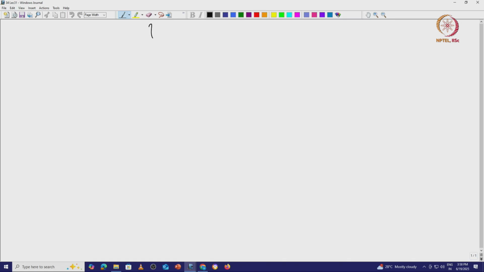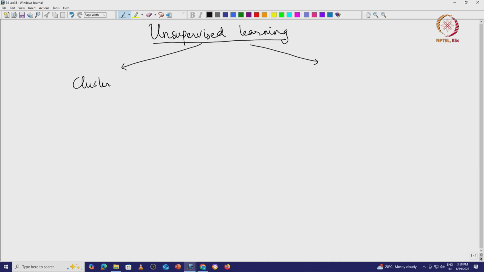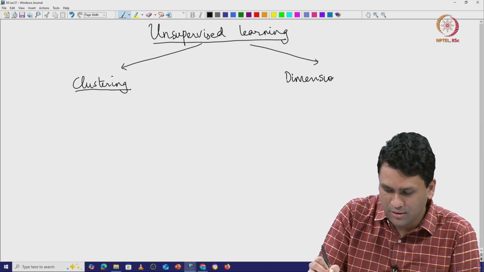So right now we are studying unsupervised learning. And in one of the previous lectures I told you there are mainly two types of unsupervised learning algorithms. They are either clustering algorithms or dimensionality reduction algorithms.